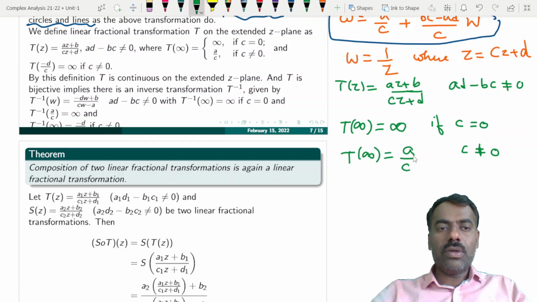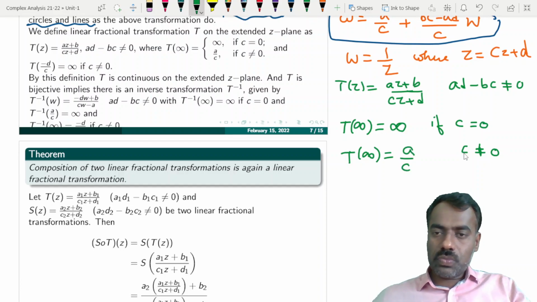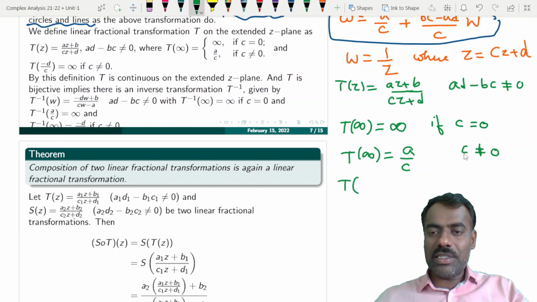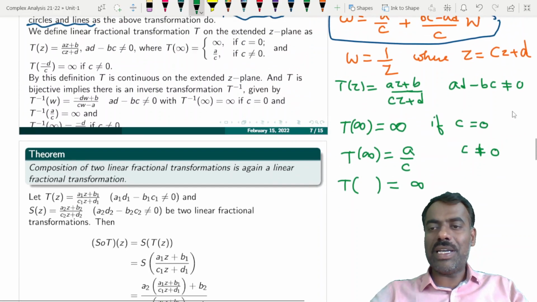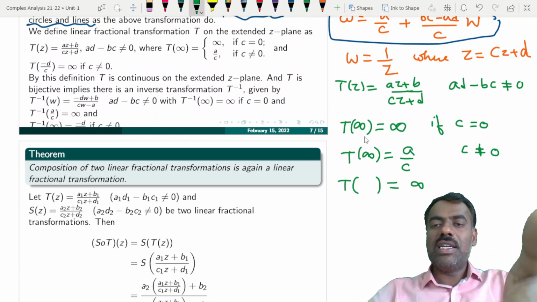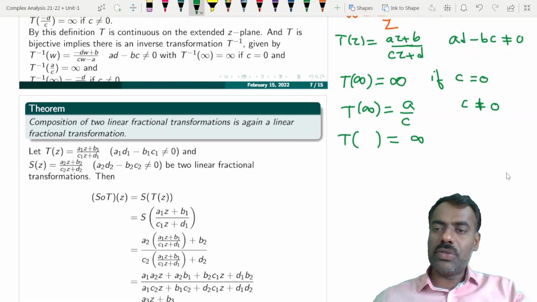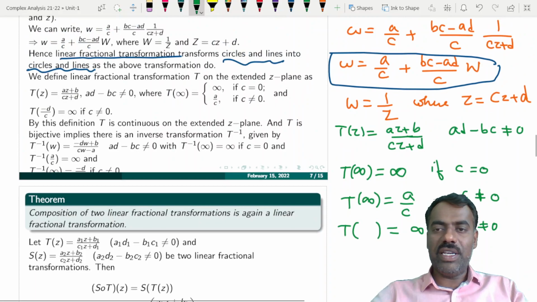Now when is T equal to infinity, if c is not equal to 0? Because if c is equal to 0, then T(infinity) goes to infinity. So if c is not equal to 0, what z will map to infinity is the question.